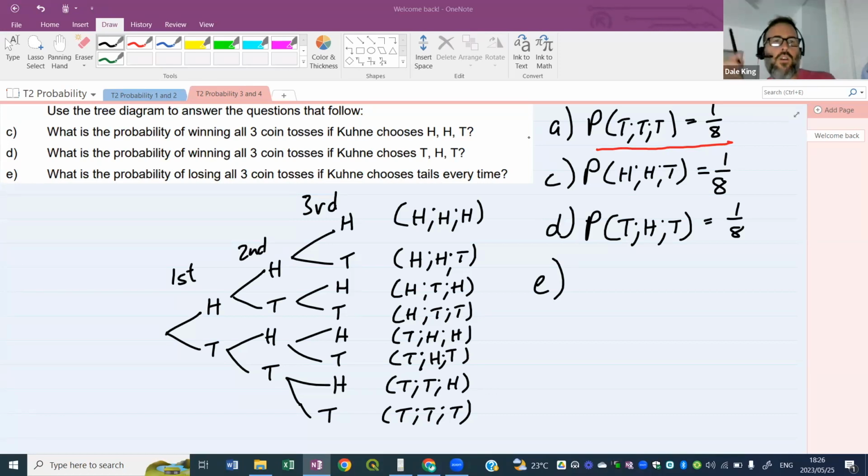You're right. So if he chooses tails, he's going to win. You're absolutely right. So we answered that in question A. So we said the probability of tails, tails, tails is 1/8. Now listen carefully. They're asking you here, what's the probability that he will lose or not get that? How many times do you see in this scenario that he will not get tails, tails, tails?